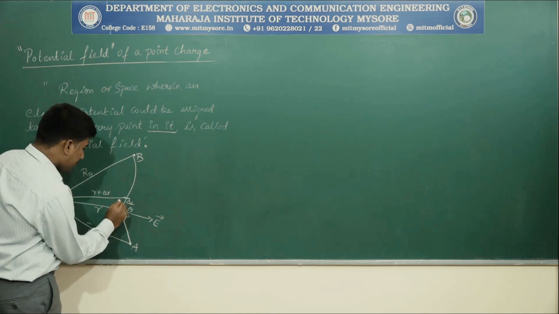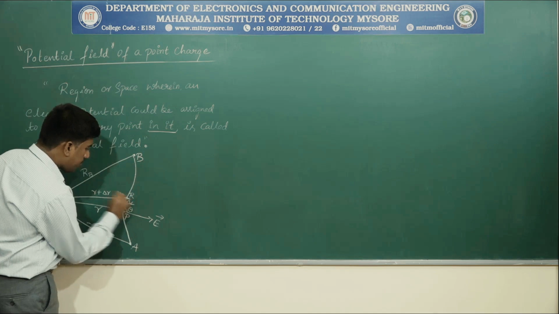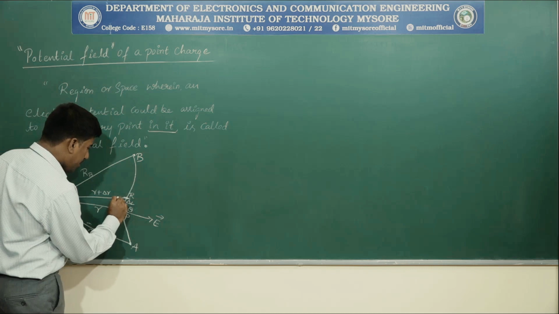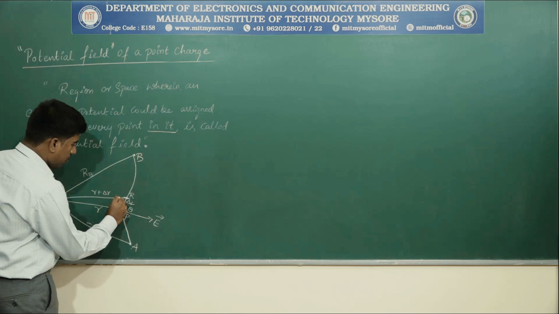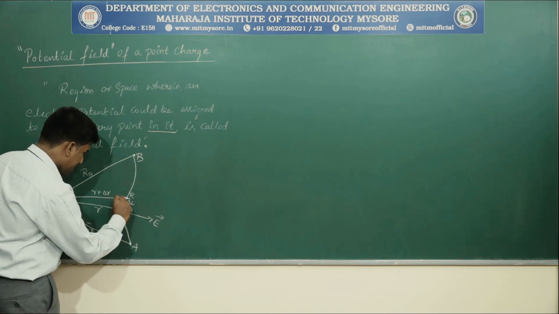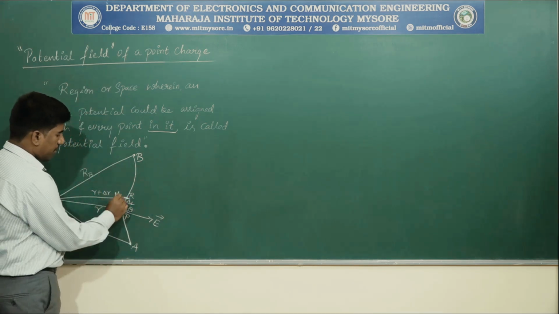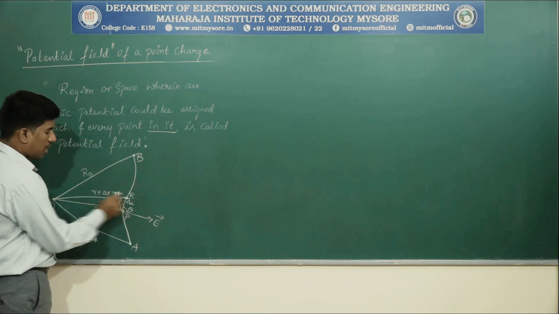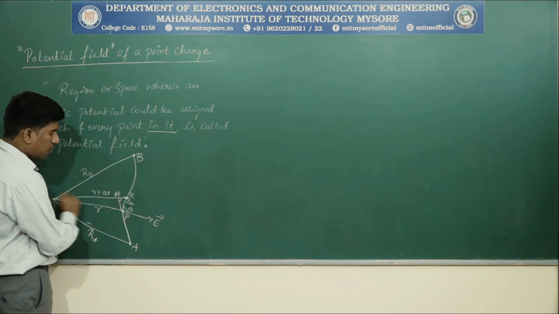Now name this point as R. Draw a perpendicular to OR. This is 90 degrees. This point is named M. Draw a perpendicular MP to the line OR.